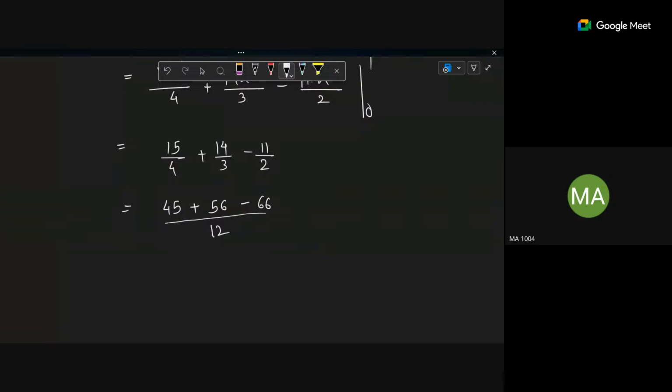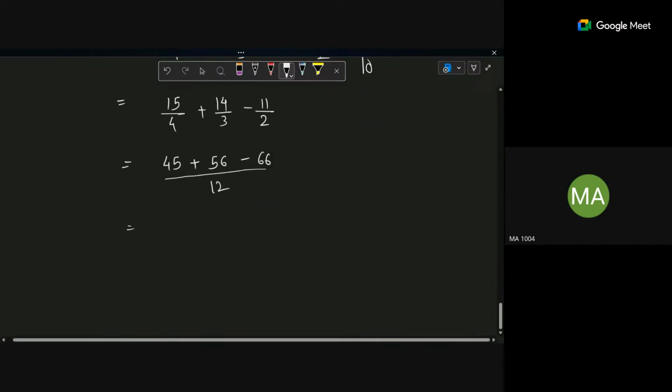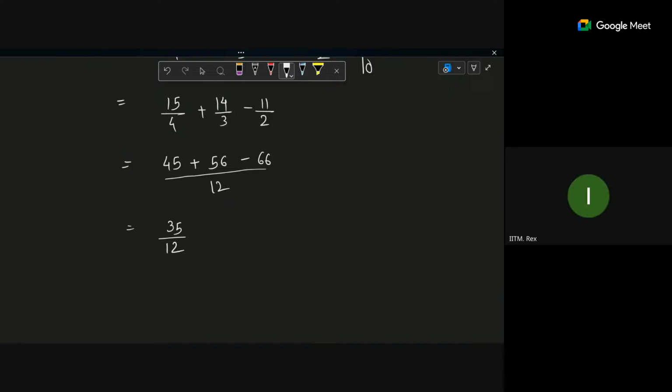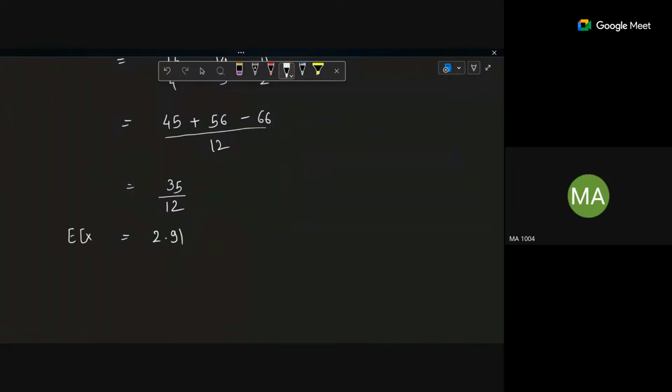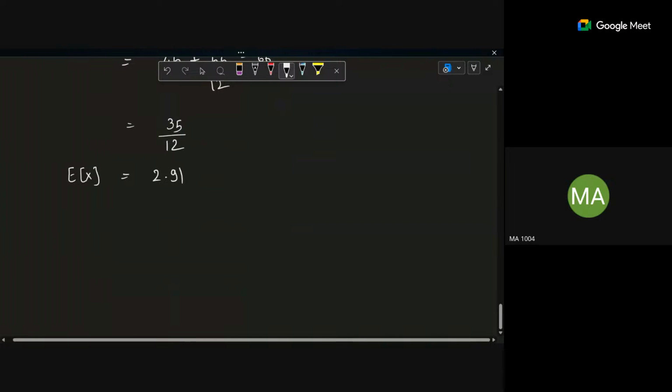The remaining part is just a calculation, so do it fast. 2.91. Okay. Now multiply by 2. This is just your expected value of x, but we have to calculate twice E of x, right?